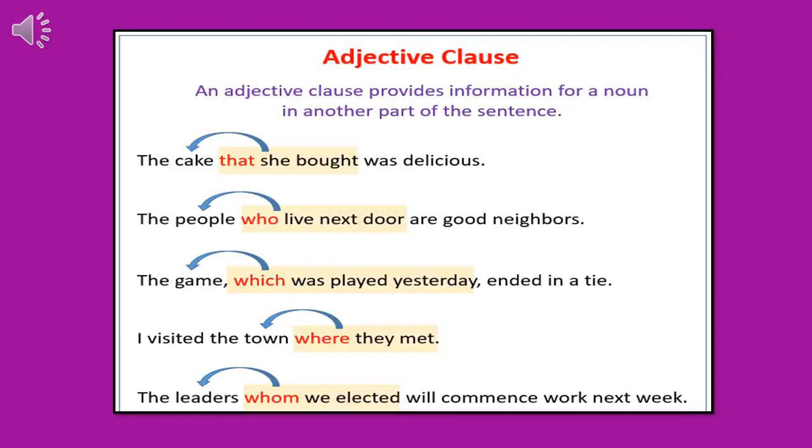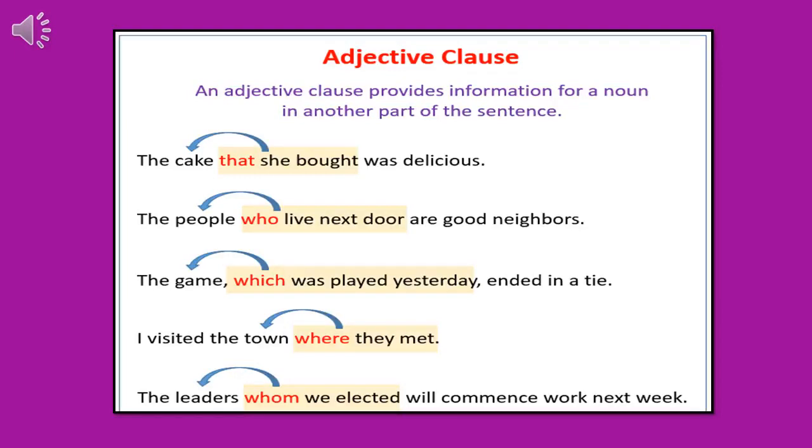Now, I'm sure you know that an adjective is a describing word. It provides information. And as you remember, a clause is a group of words that has a subject and a verb combination. So when this clause acts like an adjective, giving information and describing a noun, then it is known as an adjective clause.